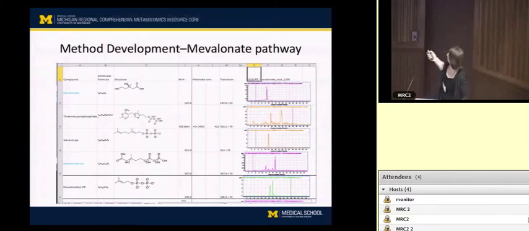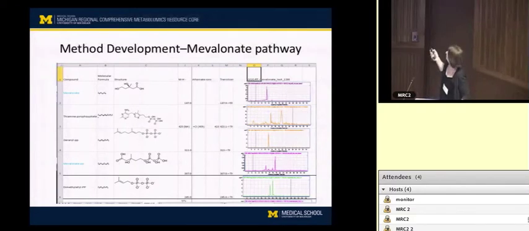Another feature I want to point out about using a triple quad: Charles described what a triple quad does, but essentially what you're trying to do here, which can be a really powerful thing for targeted metabolomics, is to look at a particular parent and fragment ion combination, and that's called an MRM for those of you who have heard that term before.